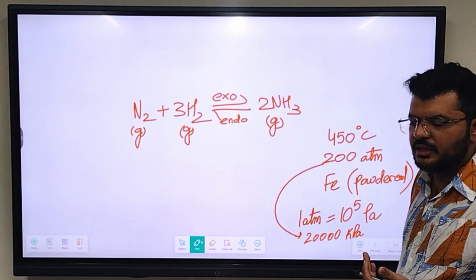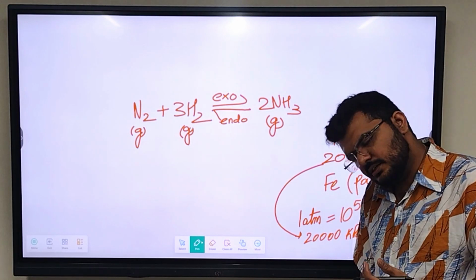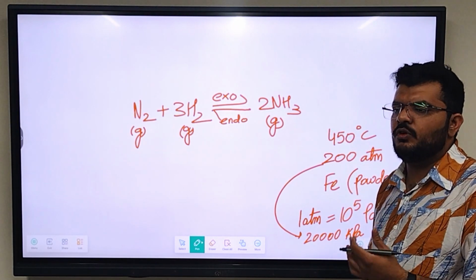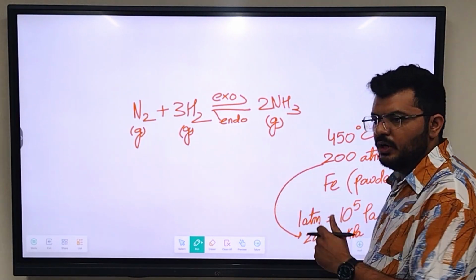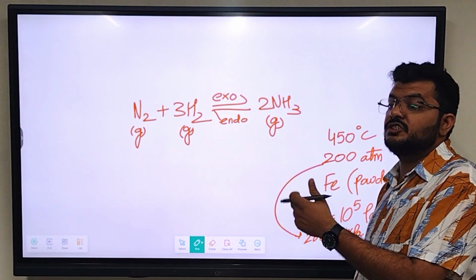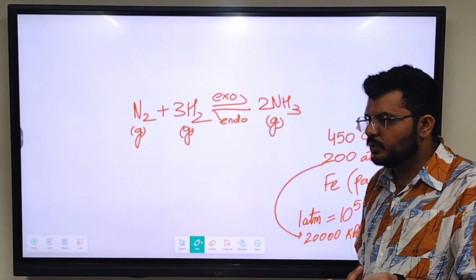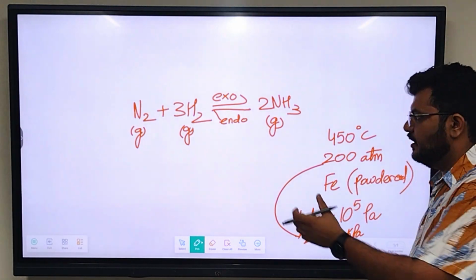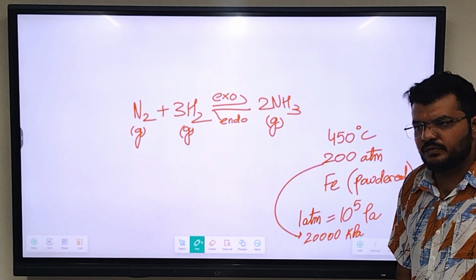It should be, because extraction of hydrogen is hard. Hydrogen comes from fossil fuels. Cracking of fossil fuels gives you hydrogen. Nitrogen we get from fractional distillation of liquid air, right? Both the processes are costly. And ammonia is in such high demand that it will be costly itself.